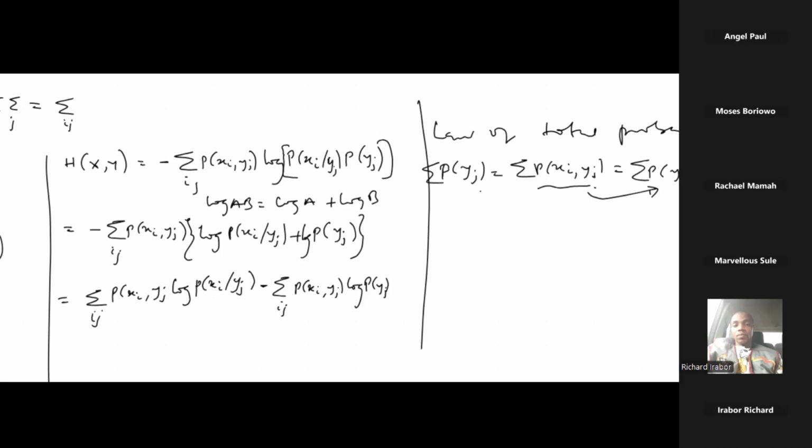So the sum of the output probability distribution must be 1. The sum of the joint distribution must be 1. The sum of the input probabilities must be 1, right? Is that clear?